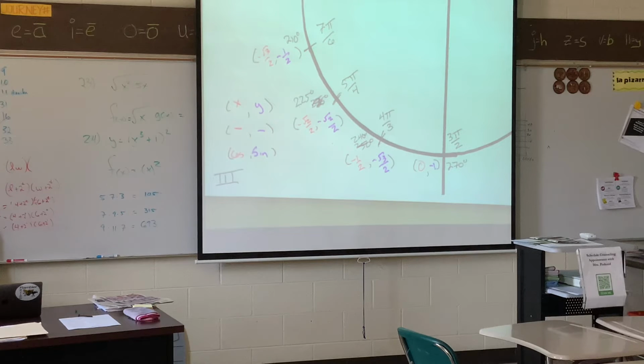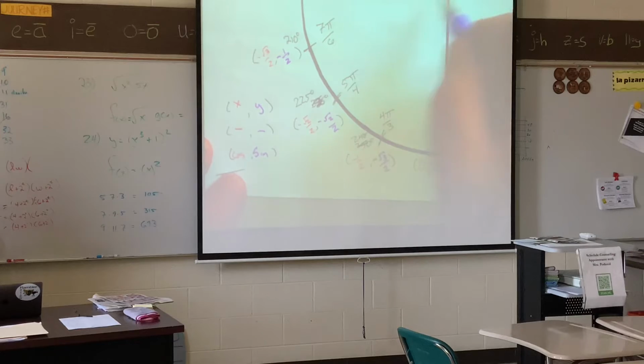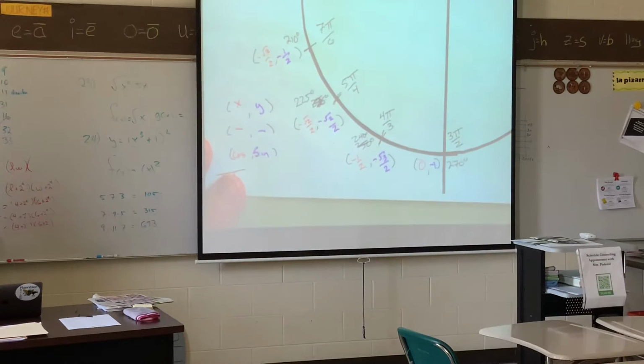Are you starting to see the pattern? Again, from the x-axis, I have a 30-degree angle, 45-degree angle, 60-degree angle.